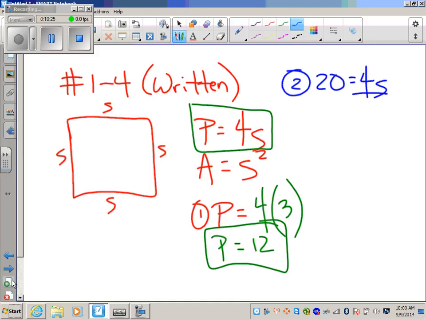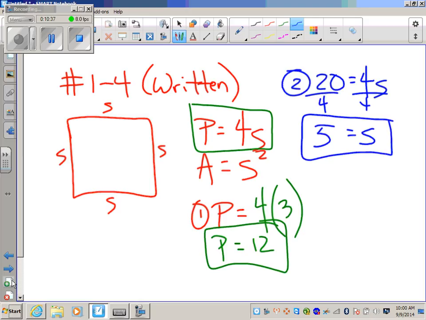Divide both sides by 4. And S is going to equal 5. If you're not sure, plug it in. If you plug it in and say, okay, 4 times S, which is 5, does it give you a perimeter of 20? Good?